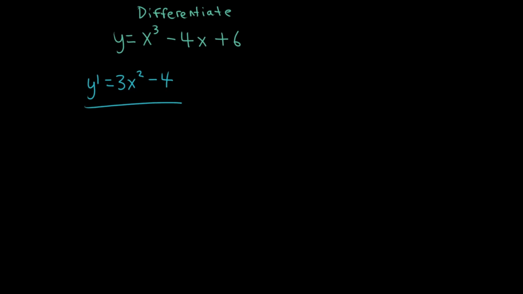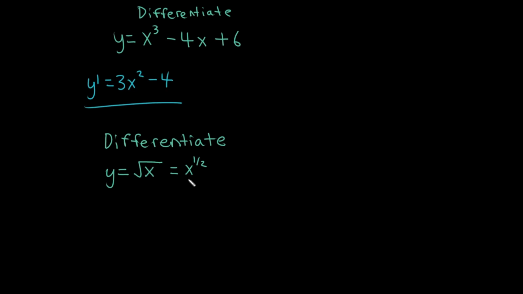Okay, let's do another problem. So this time, let's differentiate a function with a square root in it. So y equals the square root of x. This might look complicated, but it's not that bad. The trick to this question is that square root of x is the same as x to the 1/2, just a different way of writing it.